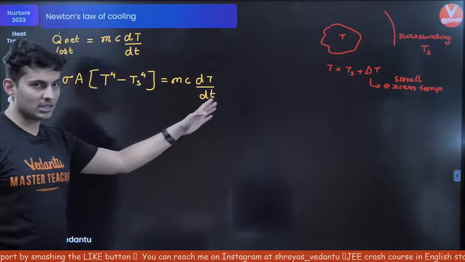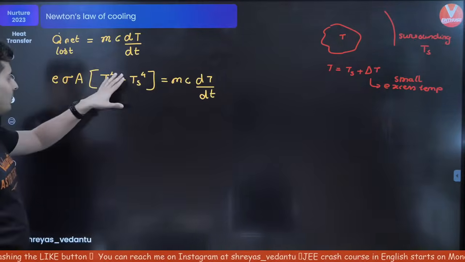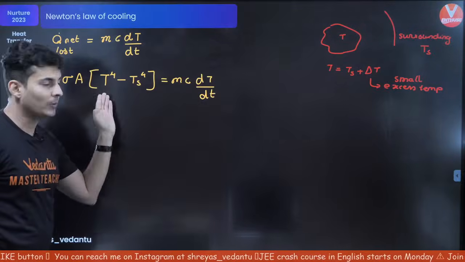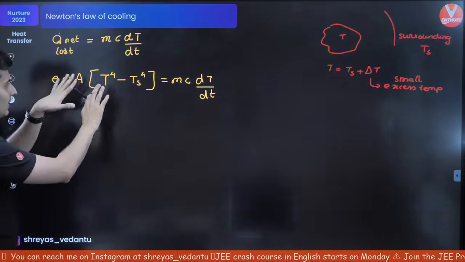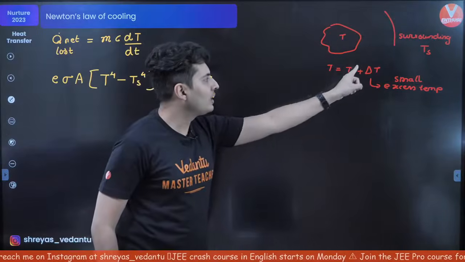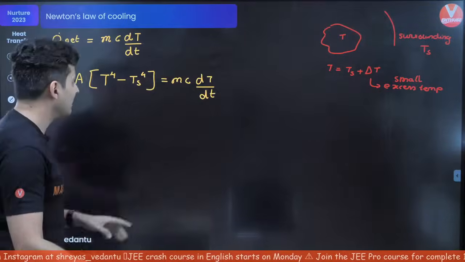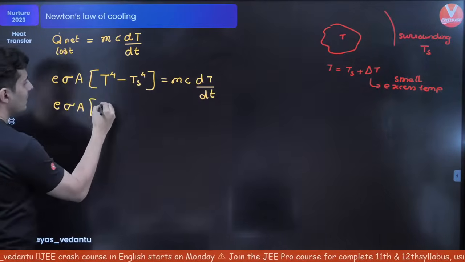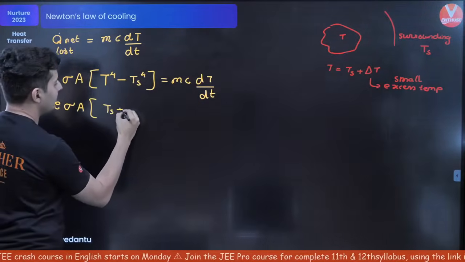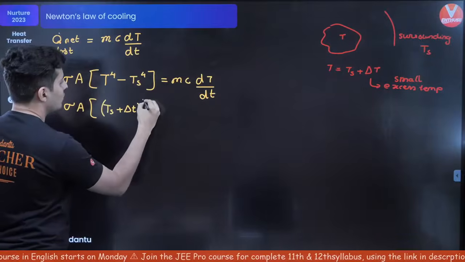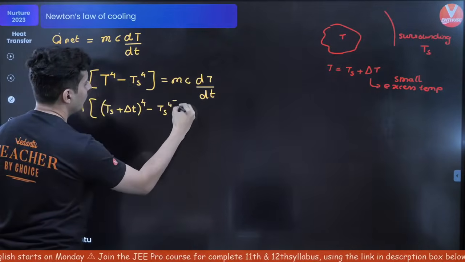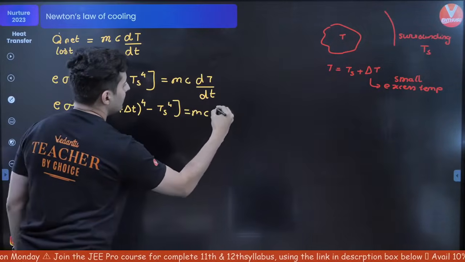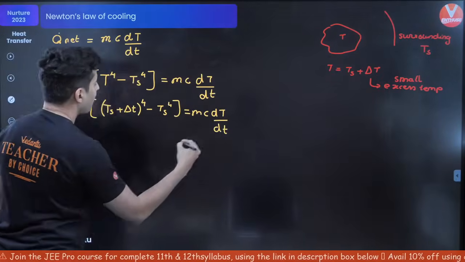I just substituted the Prevost theory formula, the Stefan-Boltzmann law. Now let's solve this by putting the value of Ts plus dT, and you will see one interesting result. You will see this as E sigma A, instead of T, you just put it as Ts plus delta T whole raised to 4 minus Ts raised to 4 is equal to mc dT by dt.